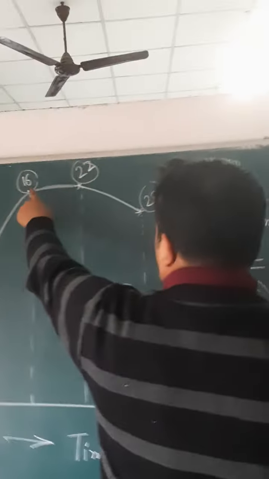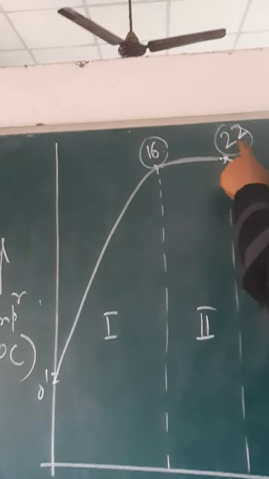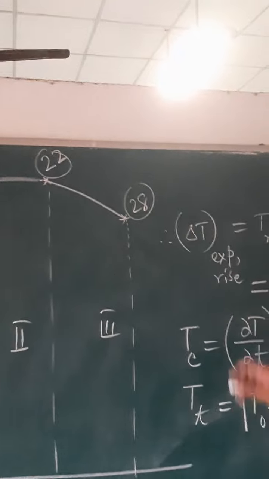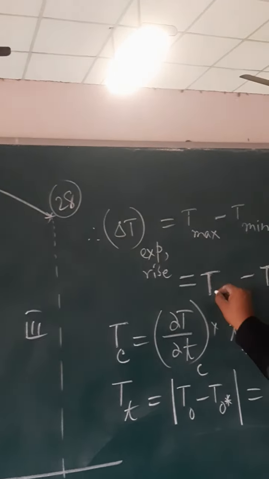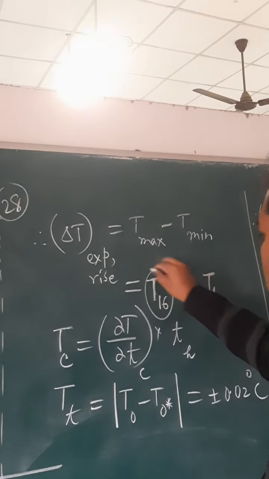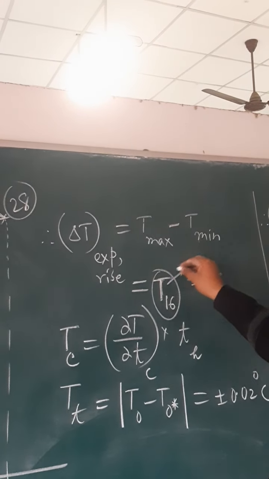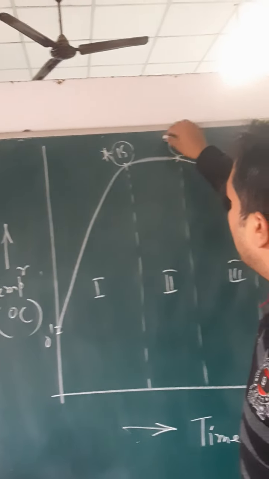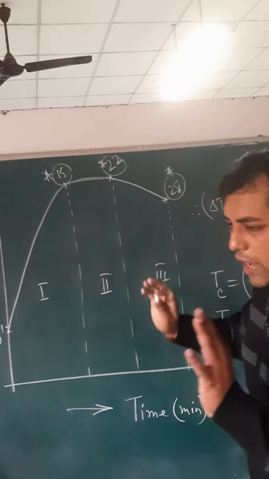From the graph, if it is the 16th observation and the 22nd observation, then T max is T16 and T min is T1. Or instead of T16 you can also write T22 if they are the same. I am just telling these observation numbers as a sample.